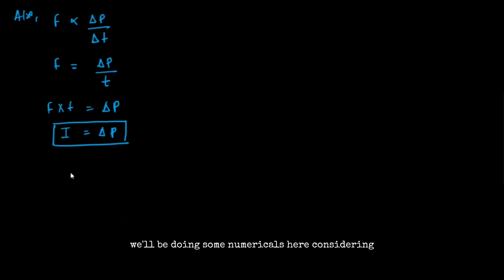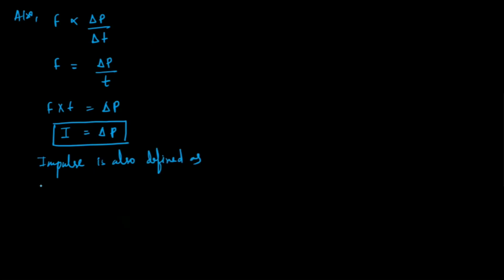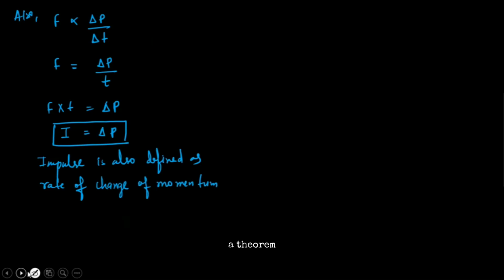We'll be doing some numericals here considering the vector part only, so we'll understand how all these things can be calculated. So this particular relation explains that impulse is also known as the change in momentum. And this whole statement is actually a theorem known as the Impulse-Momentum Theorem.